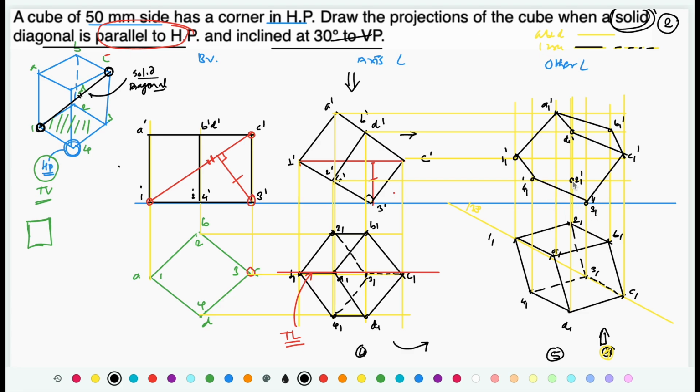Now remaining lines, 2 to 4 hidden line, and 1 to 2 is also going to be a hidden line. Now at corner 2, two existing lines are hidden lines, so the third starting from the corner will be hidden. At corner D, two existing lines are visible, so the third line starting from that corner is going to be visible. So this will be the final solution.